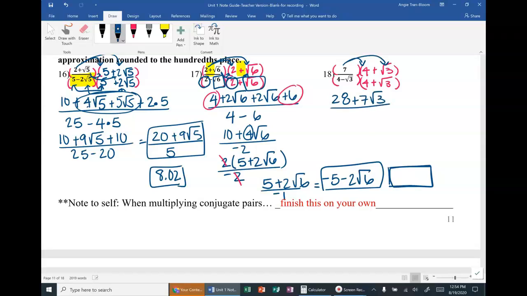In the denominator, 4 times 4 is 16 minus radical 3 times radical 3 is going to be 3. Notice how I do not need to worry about the two middle terms in the bottom because, as we know, those are conjugates. They will cancel out, the middle terms, that is. All right, so this is 28 plus 7 radical 3 on the top divided by 16 minus 3. That's going to give us 13.